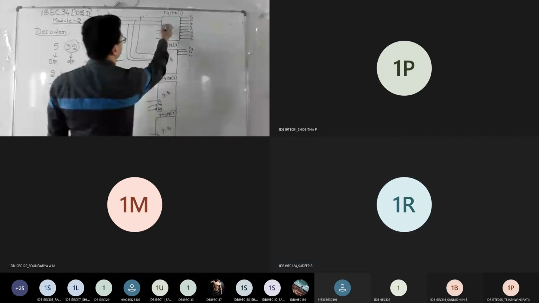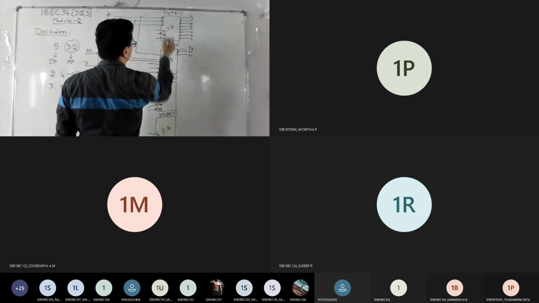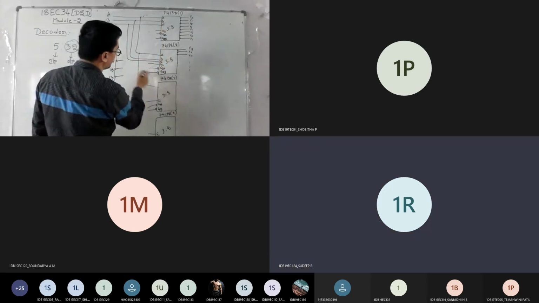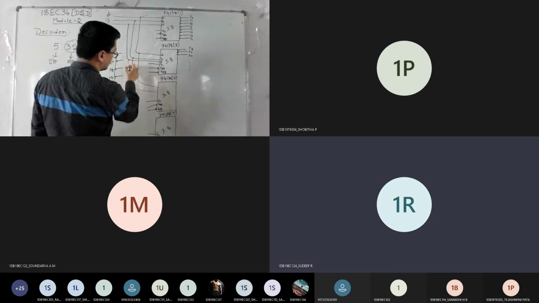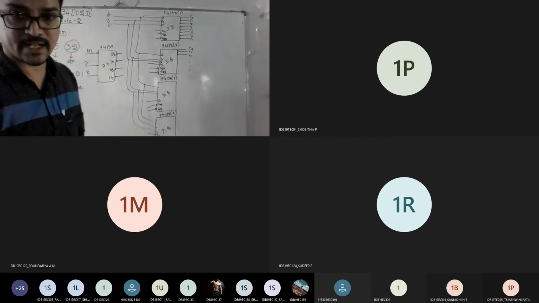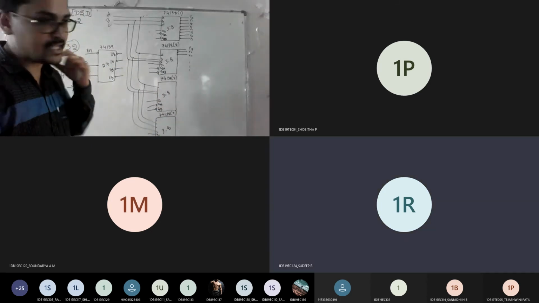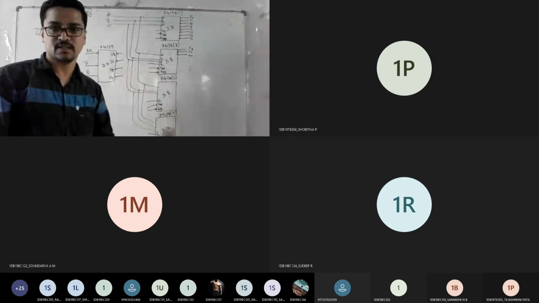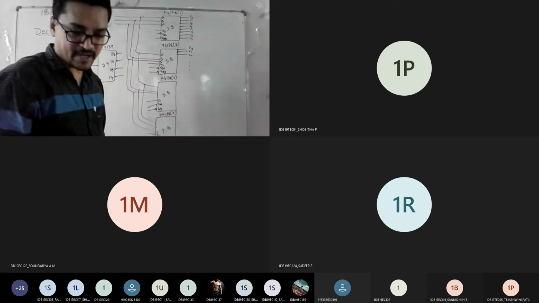Similarly, if you want, you can designate for your reference ABC, again ABC. Same way, from here also here A, B, C. Again A, B, C. So any doubts, anyone with this first connections what I made? I have just taken a common input ABC and I am joining to all the 3 to 8 decoders. Is it fine?